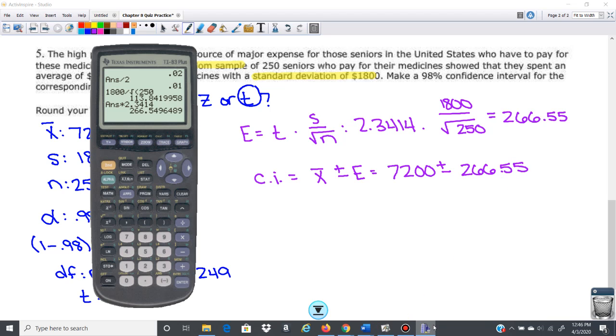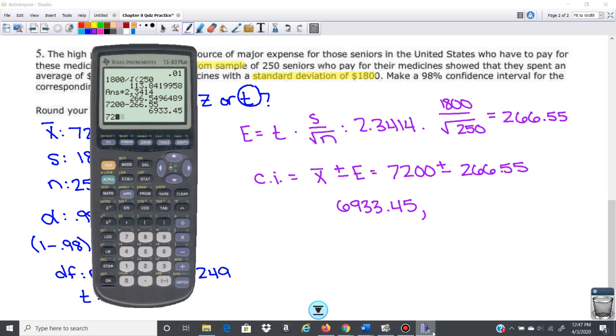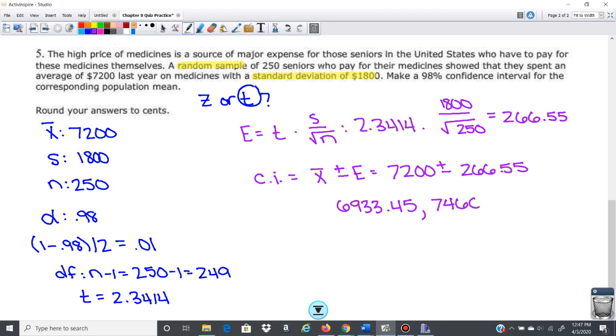So 7,200 minus 266.55, so 6,933.45. And then 7,200 plus 266.55, 7,466.55. Okay, so this is our confidence interval.